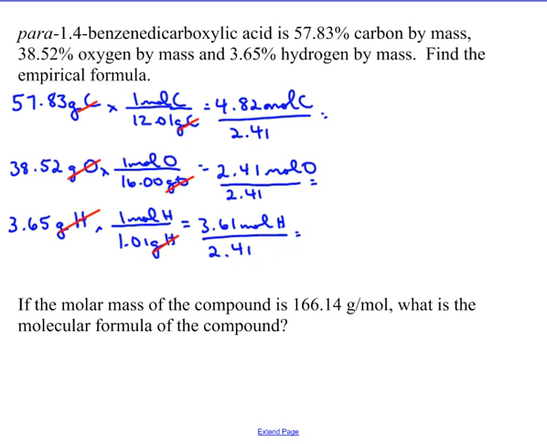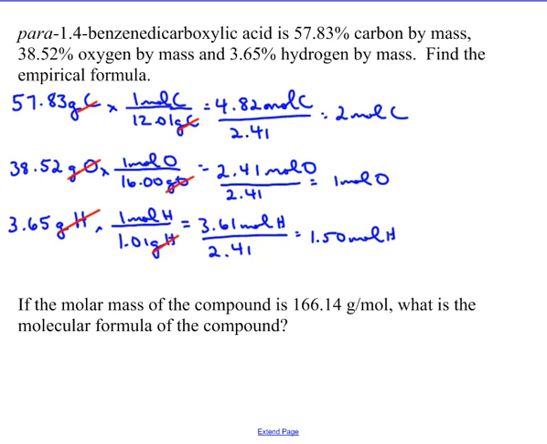So this is 1 mole of O. 3.61 divided by 2.41 is 1.50 moles H. And then 4.82 divided by 2.41 is 2 moles of C.